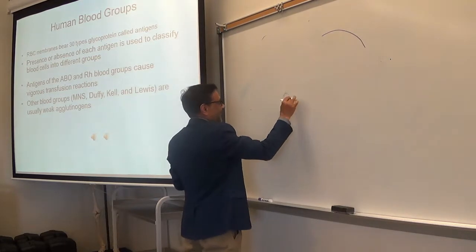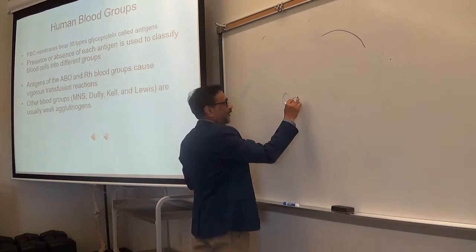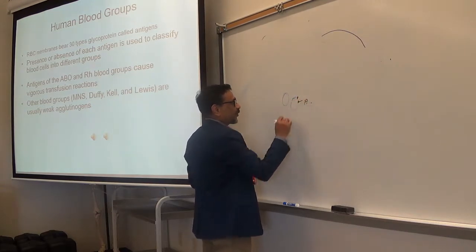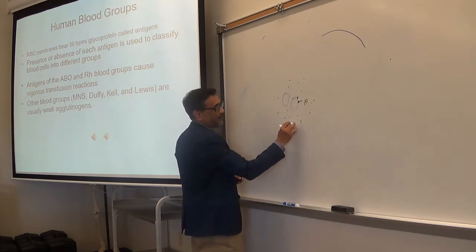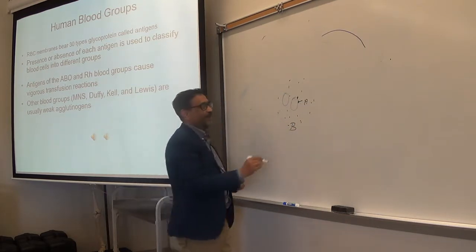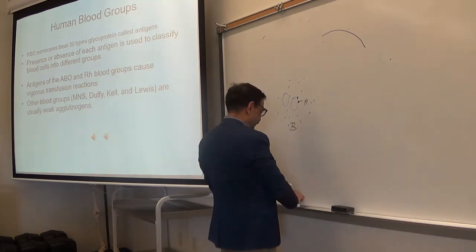Let's go back again. This is A type blood, A antigens. What type of antibody do you have? B. Make sense? Antibody in the plasma. And this is another person.